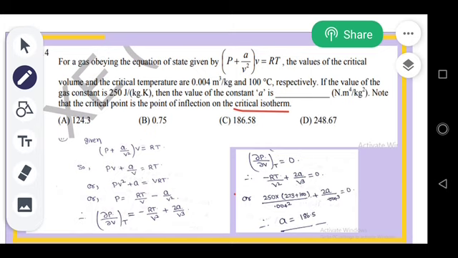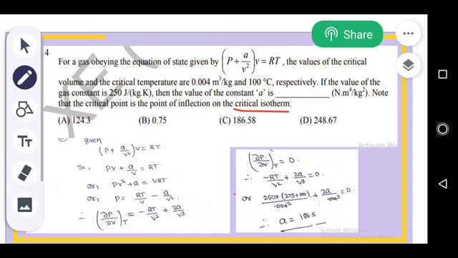For doing that, you just differentiate the equation of the curve and equate it to 0, and if it is 0, then you are at the point of inflection. The same we will do here. Just expand this, and you will get pressure in terms of this.